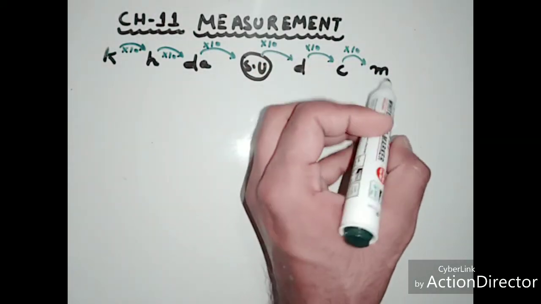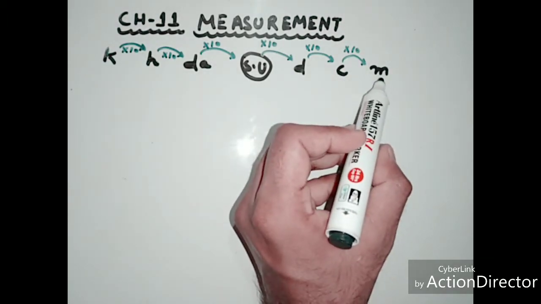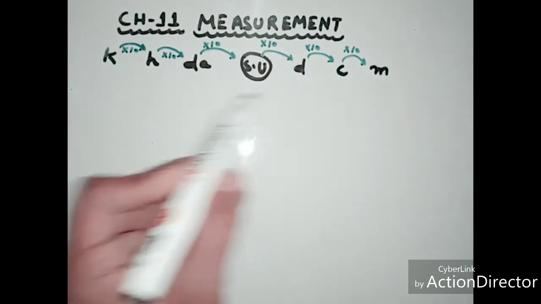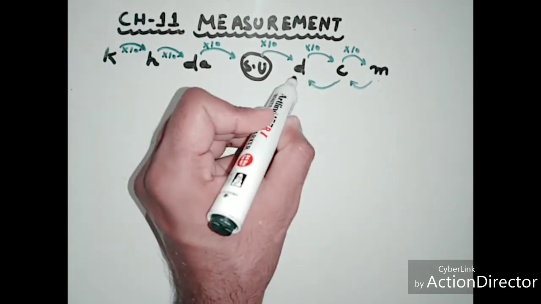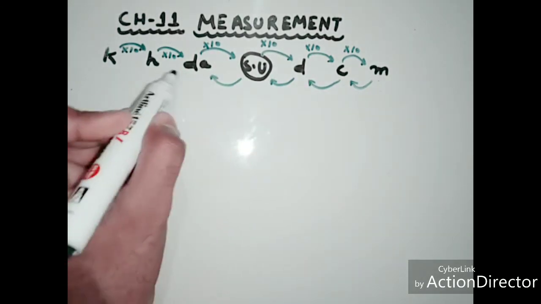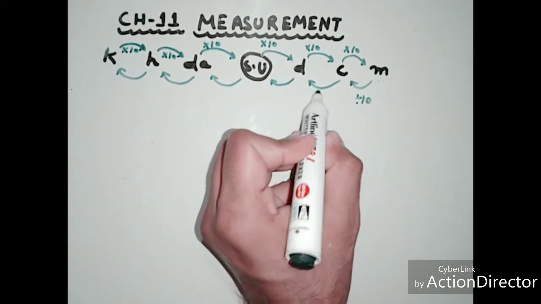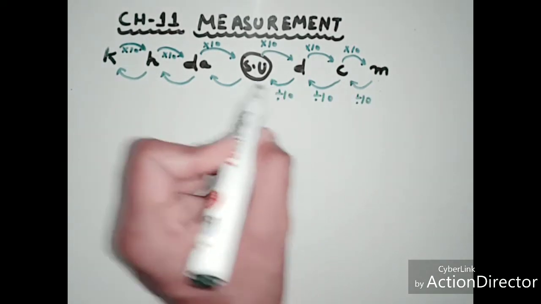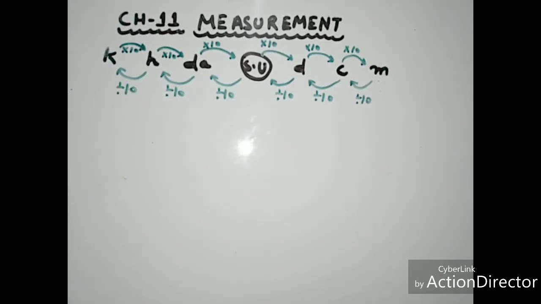And if we move backward to forward, meaning lower to higher, each place is divided by 10. And this chart helps us to convert units to other units.